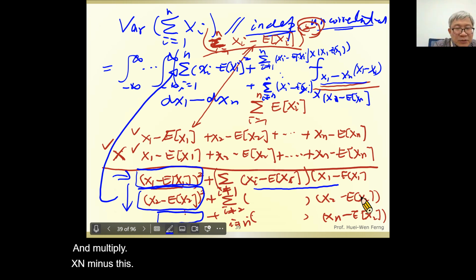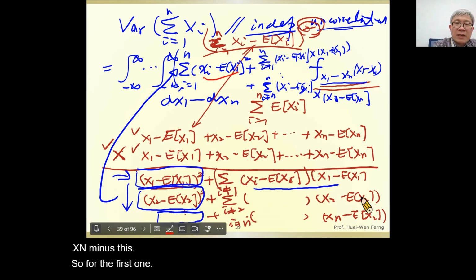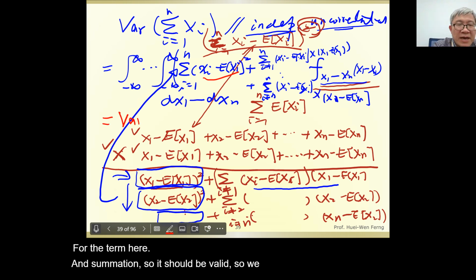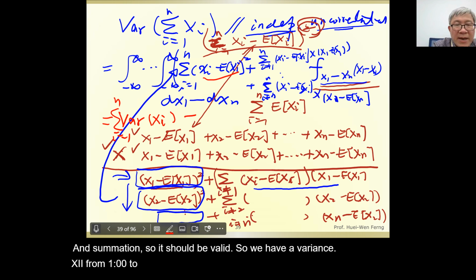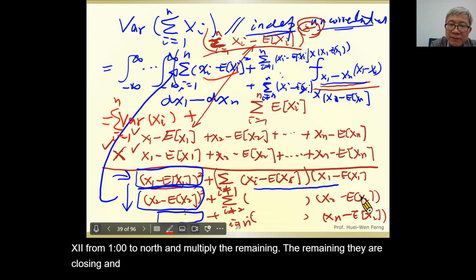So for the first one, the term here in the summation should be the variance. So we have the variance of Xi, i from 1 to n, and the remaining terms are cross terms.